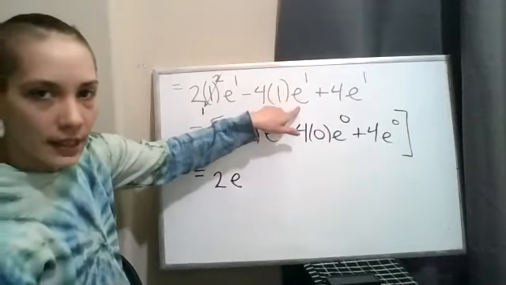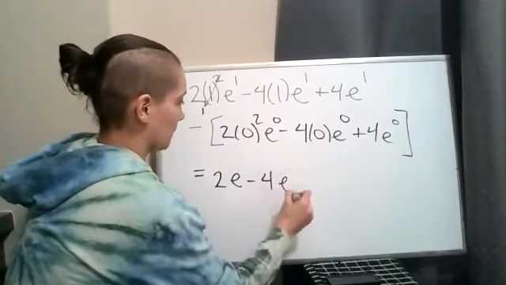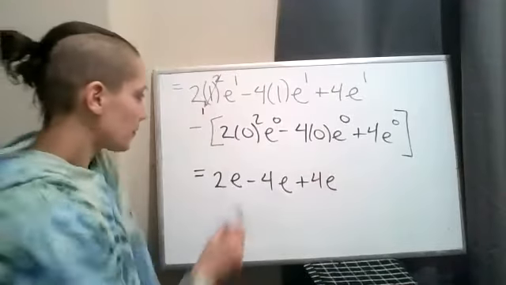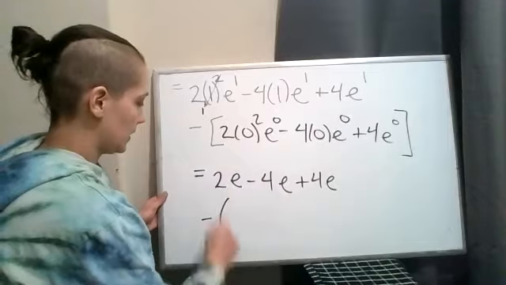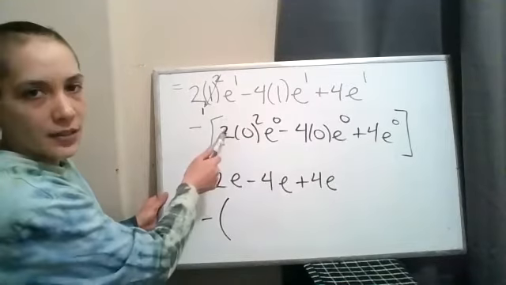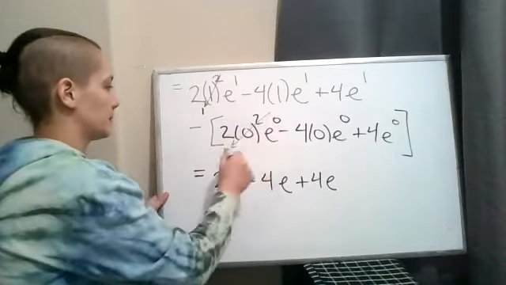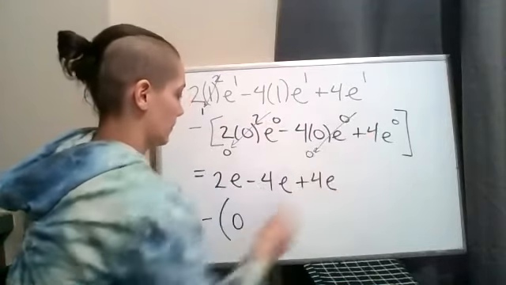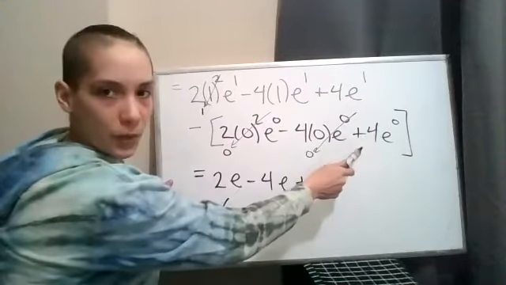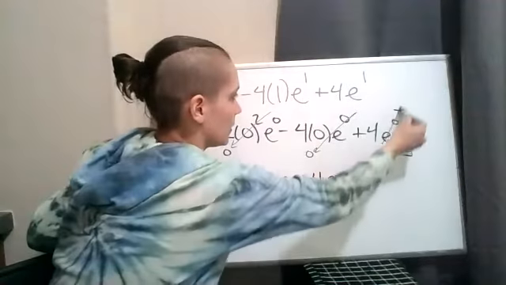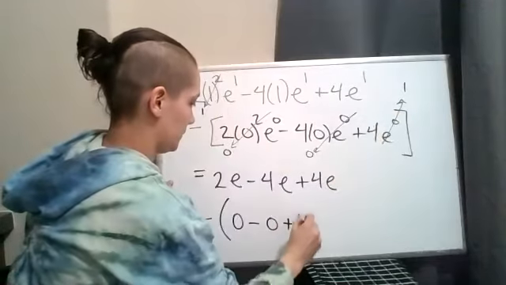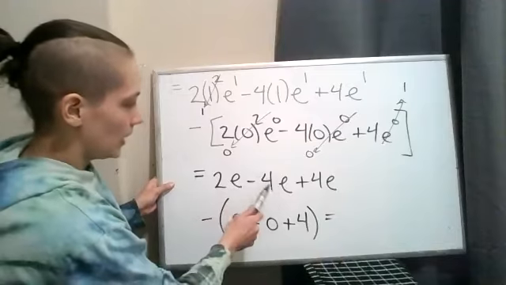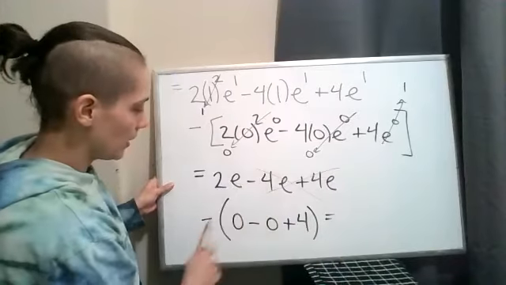Minus 4e. Add 4e. Minus. Let's just keep these in parentheses. This first one's going to be 0. Also a 0 right there. Plus 4 times 1. So this is going to leave 2e minus 4.